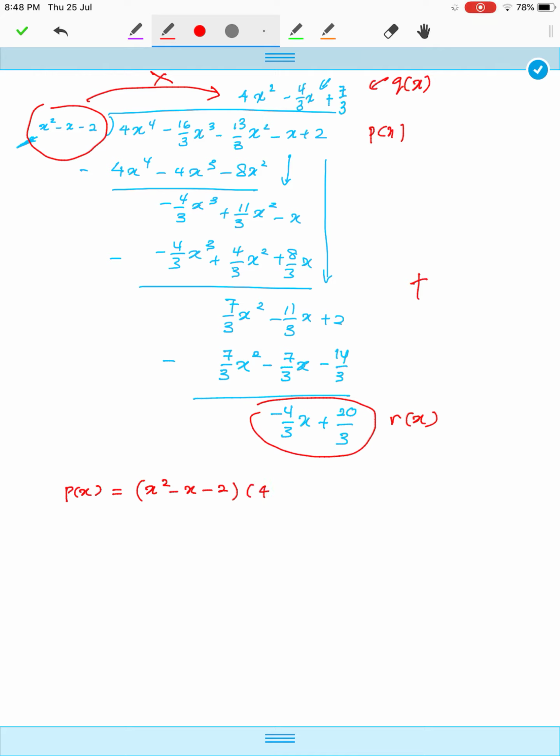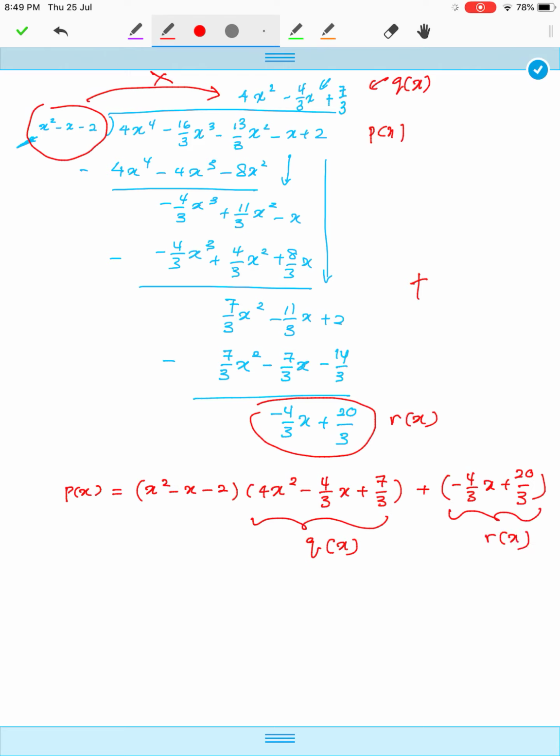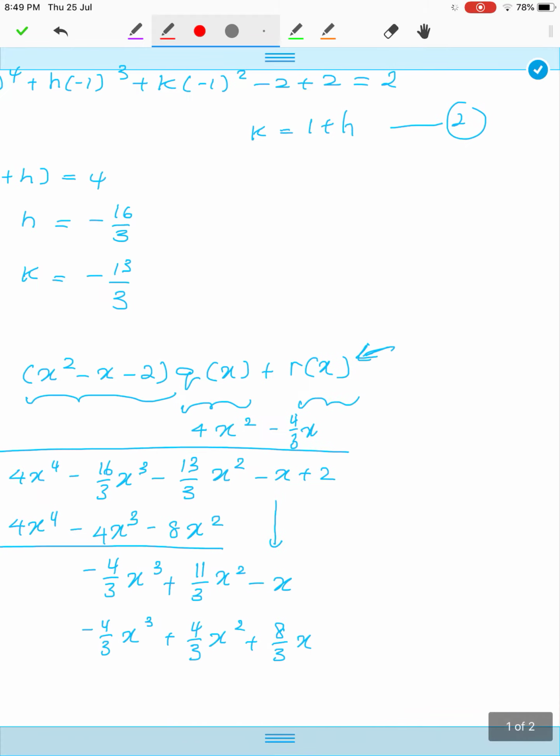Your q is 4x square minus 4 over 3x plus 7 over 3, plus your remainder, which is negative 4 over 3x plus 20 over 3. So this is your qx and this is your rx. Okay, that is for question B.